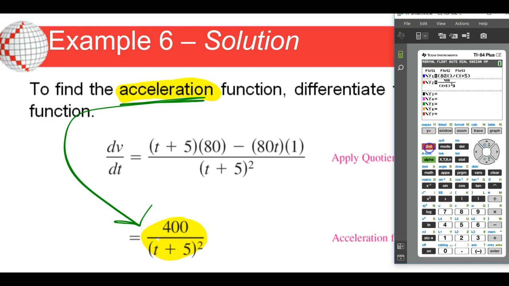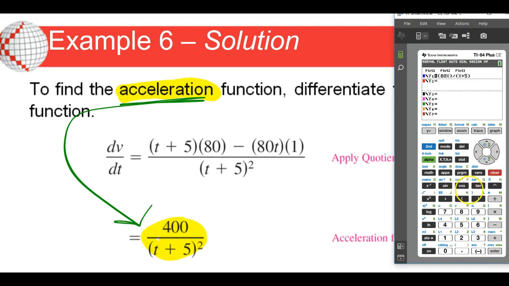But to set up your table, hit second window and start at 0, go by increments of 10, and then change your auto to an ask. So when you hit second graph, you can actually throw in there's the 20, there's the 30, here comes the 40, but notice that velocity function is a fraction, which I kind of want to change back to a decimal. So don't use that alpha y equals fraction thing.